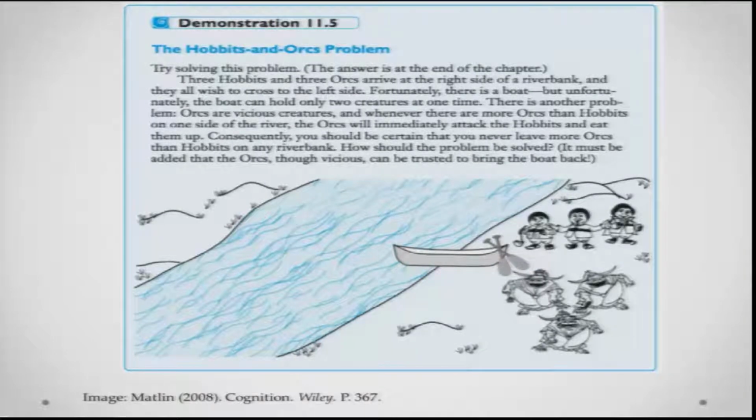Now, one of the things that people use to solve this problem is that the larger problem is to cross the river, but the smaller problem also is to ensure that at any point there are never more orcs than hobbits on either side of the river.